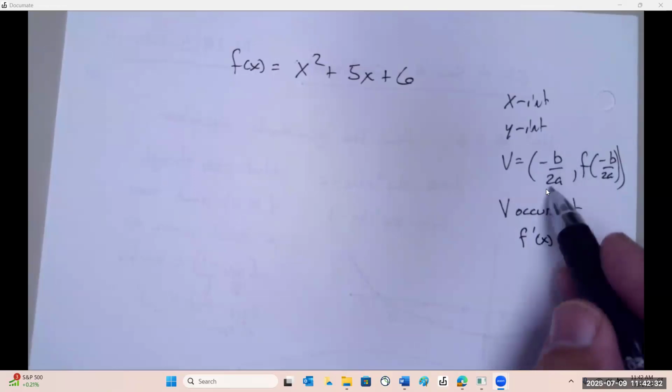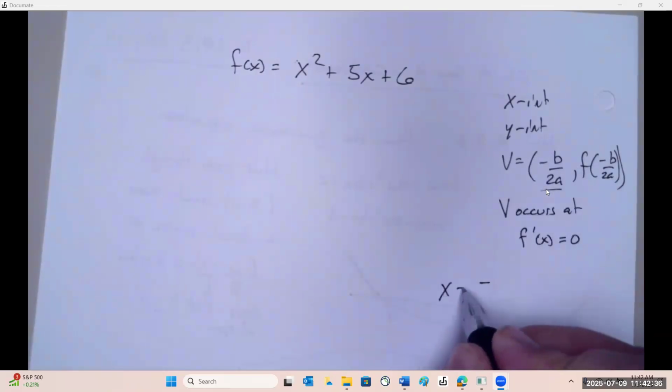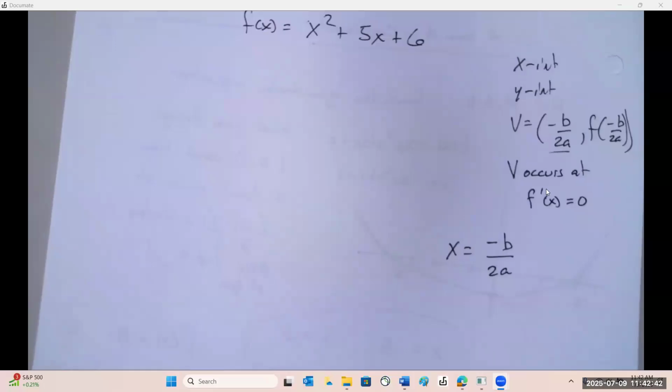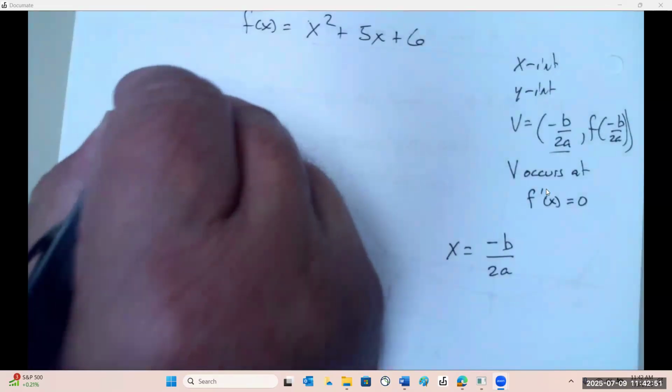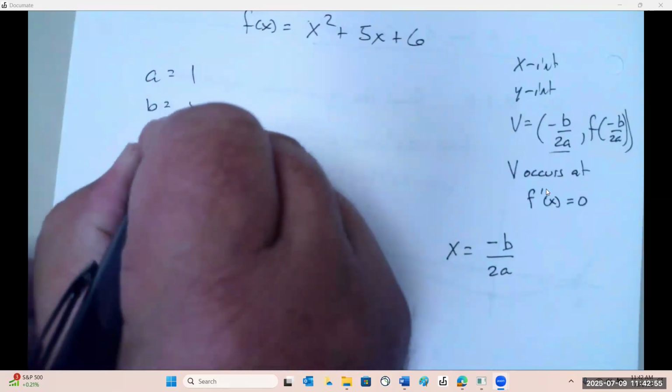Okay, so let's look at the algebra part. We know that the x value of the vertex is negative b over 2a. So in this case, it's 1, 5, and 6.